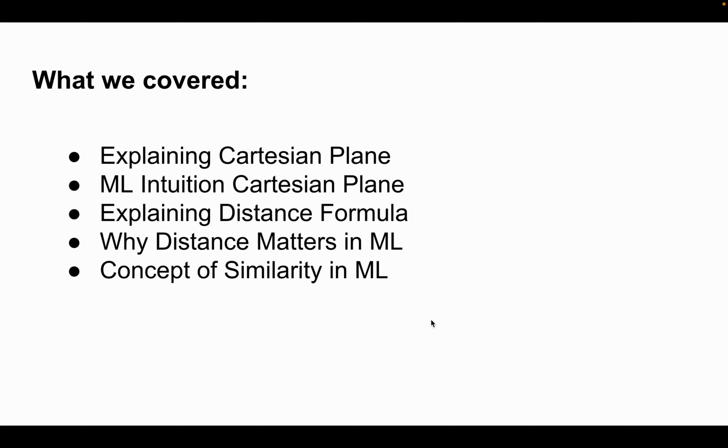Then we saw the concept of similarity and clustering in machine learning, and saw a customer clustering example. So this was about the distance, the distance formula, and the Cartesian plane. Math is the language of machines, and that's why we are studying it. I hope you have a good understanding of the Cartesian plane and distance.